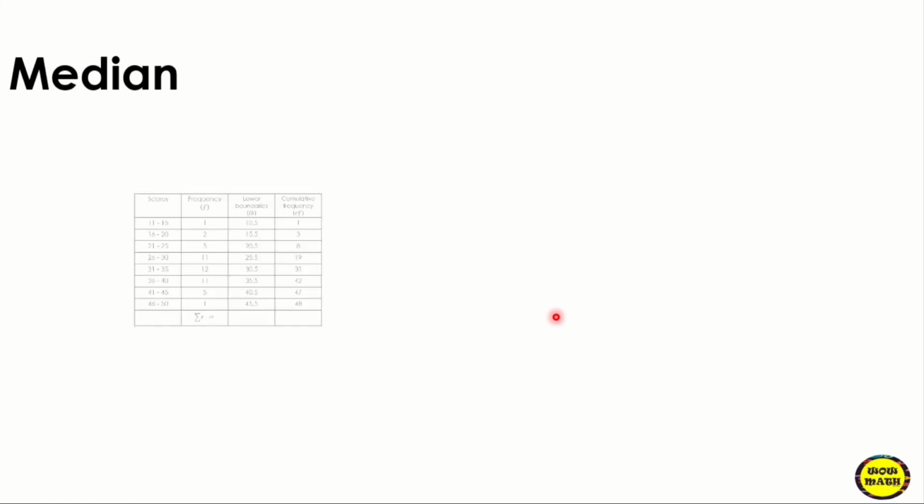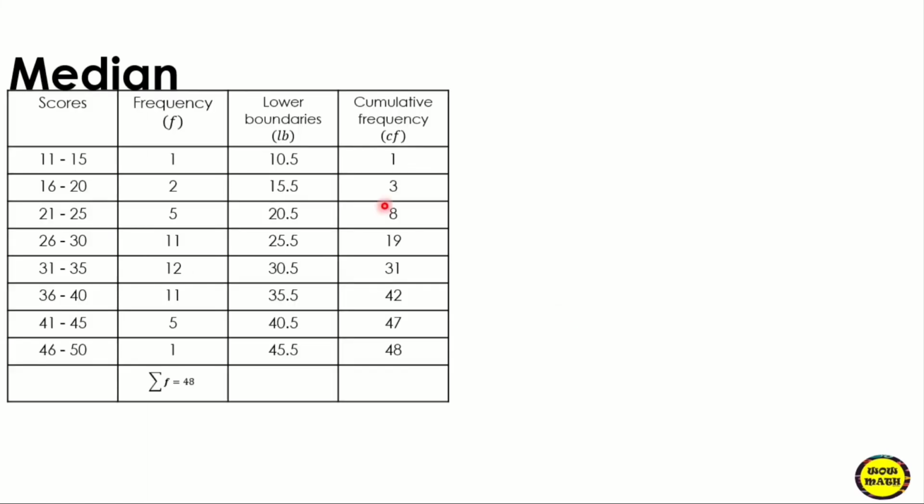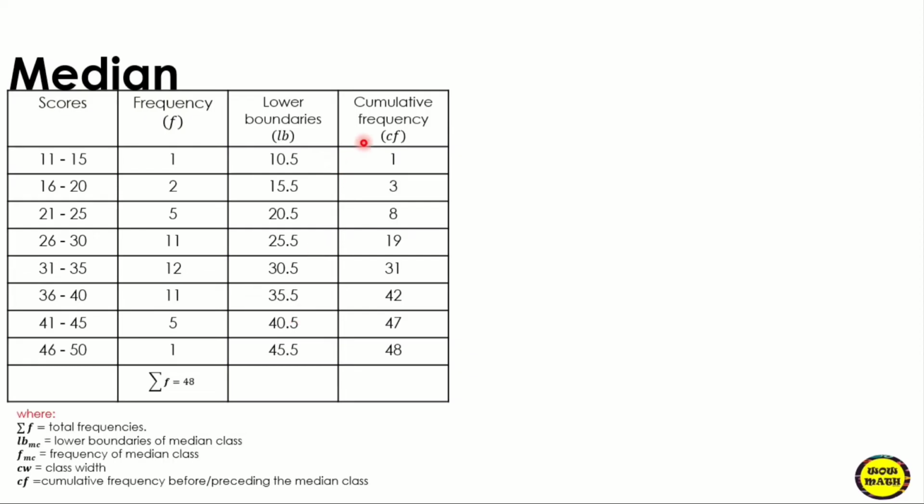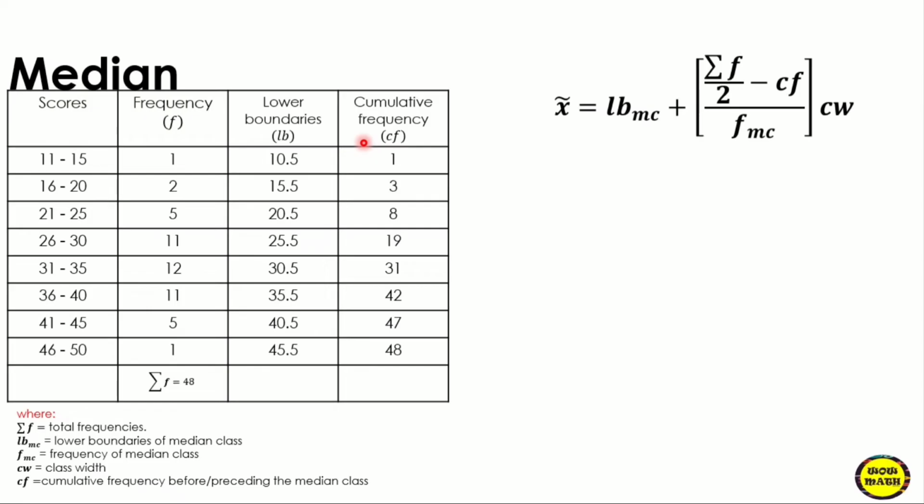Next, yung median. So, anong kailangan sa median? Yung lower boundaries and then the cumulative frequency. So, using the formula, bago natin makuha yung ibang value, kunin muna natin yung median class. So, saan kaya median class natin? Di ba sa ungrouped data, madali lang i-arrange?